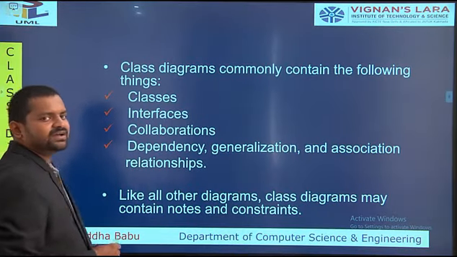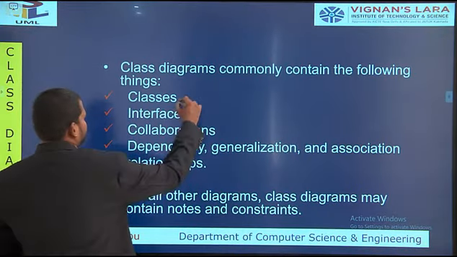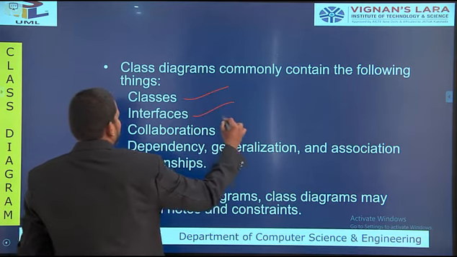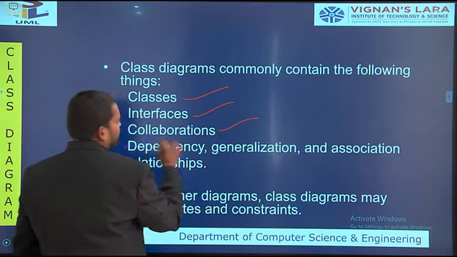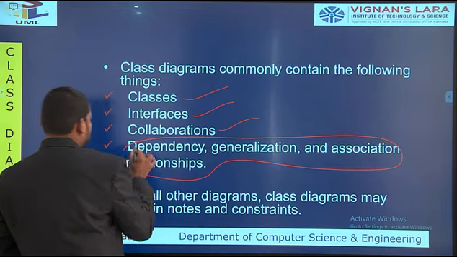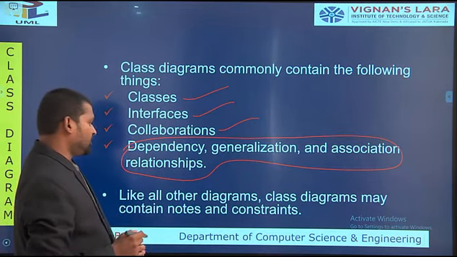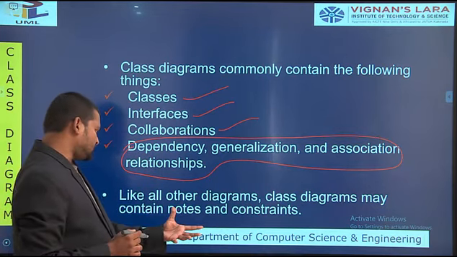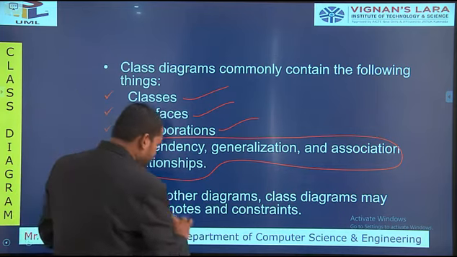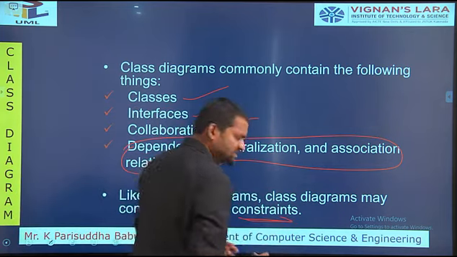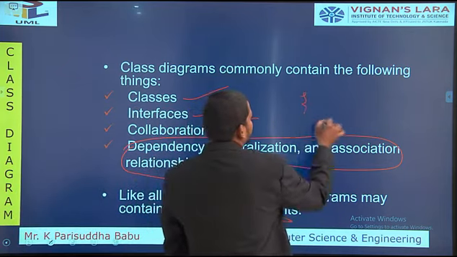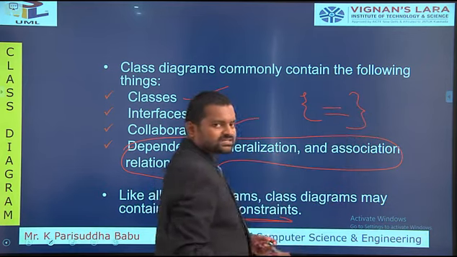A class diagram commonly contains, as I already informed, classes, interfaces, collaborations and the relationships used to combine the class diagram. Like all other diagrams, a class diagram also contains notes and constraints. Constraints are given in between square brackets.